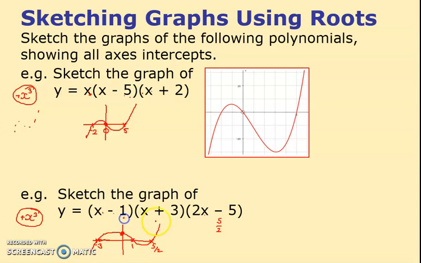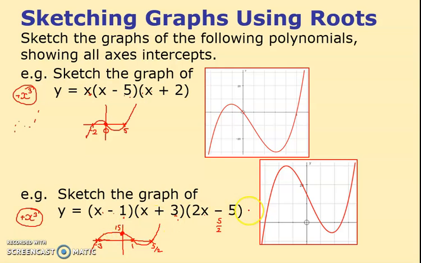You do minus 1 times 3, that's minus 3 times by minus 5 is 15. And there it is, it actually looks like 15 as well. Notice the other points, that's minus 3, that's the 1, and that's the 2.5, which I said was 5 over 2. So you can see, you can quickly draw these graphs without too much hassle.